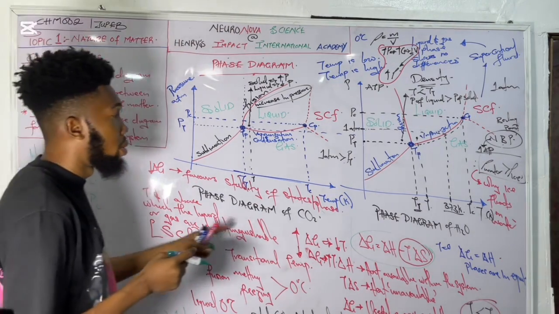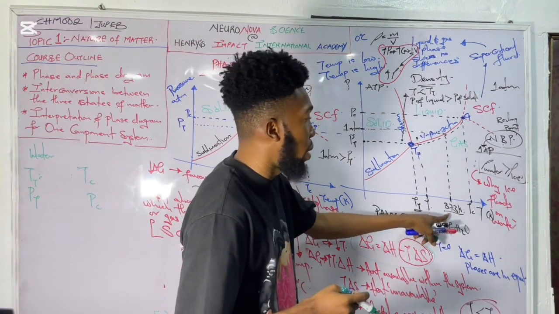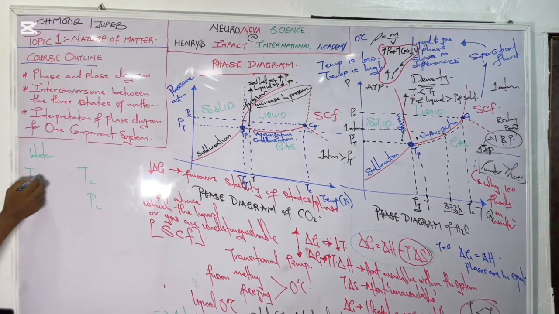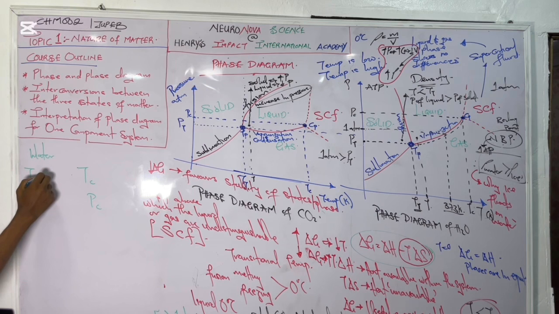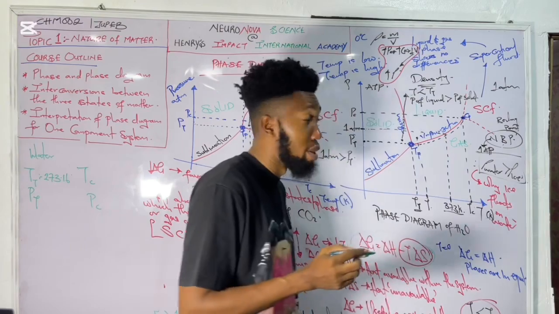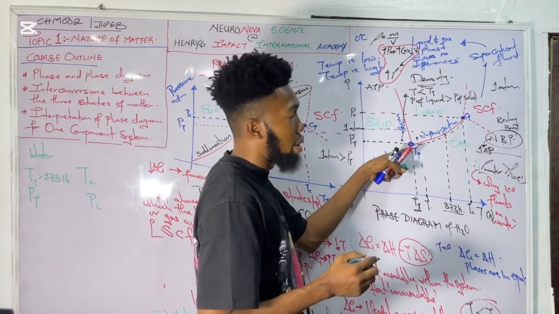So TT now. TT is this one that I said is supposed to be lower than 373. So all you just need to do is remove 100 from that number. So that's going to be approximately 273, 273.16. You know that TT is triple point temperature, right?